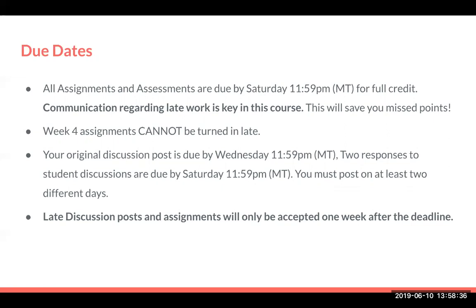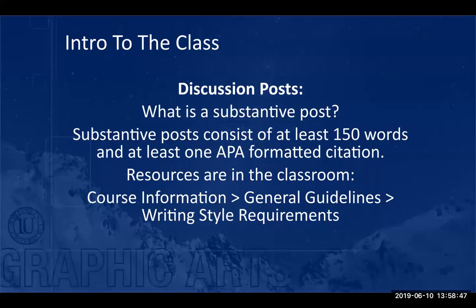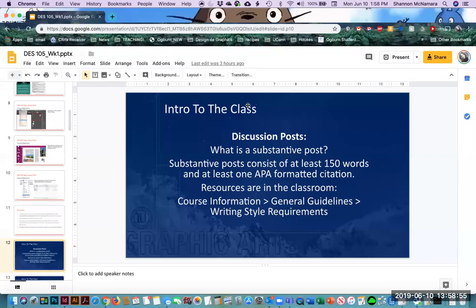Also, late discussion posts and assignments will only be accepted 1 week after the deadline. So make sure you are checking the deadlines in this course and when the weeks close out. So for week 1, you'll need to have a substantive post. That is a post that consists of at least 150 words and at least 1 APA formatted citation, and there are resources in the classroom for you.